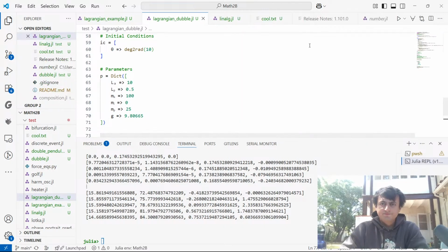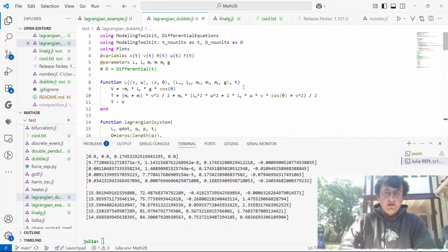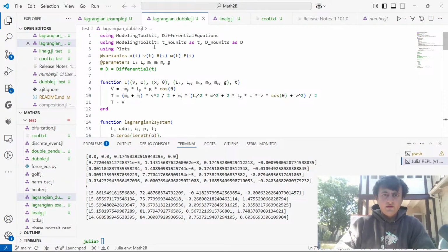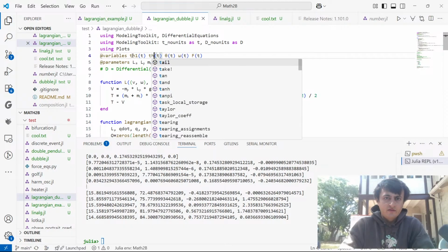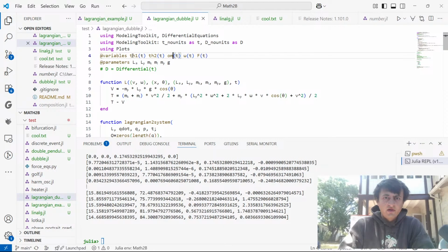So we're going to have theta 1, theta 2, omega 1, omega 2. Then f of t is going to be nothing. Then we're going to have our parameters. We are going to have gravity. We're going to have L1, M1, L2, M2, and G.